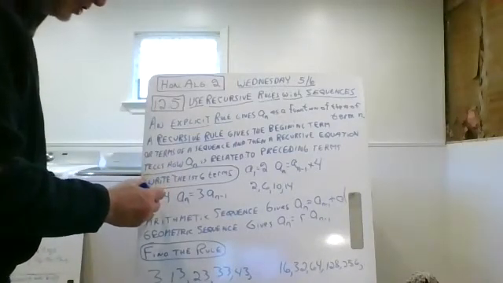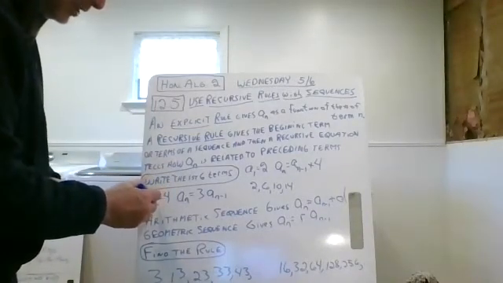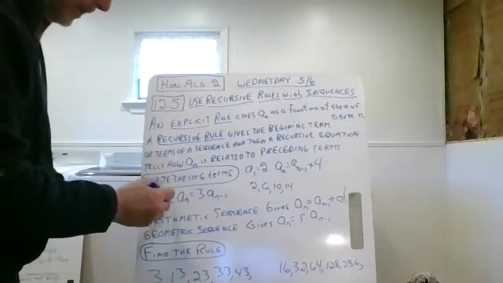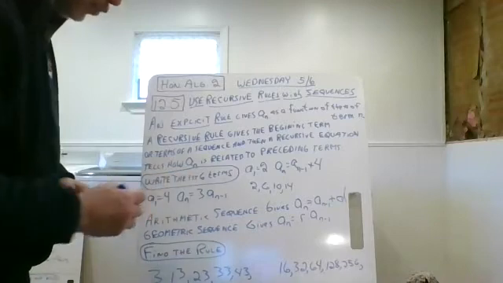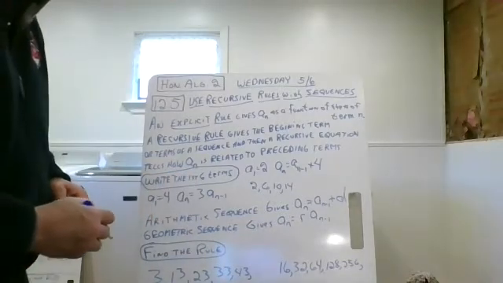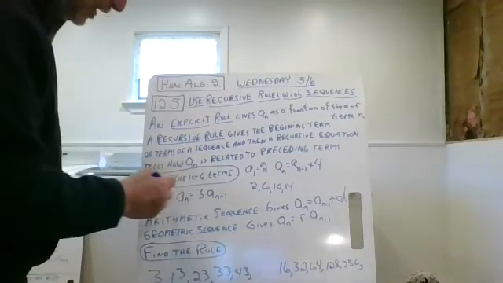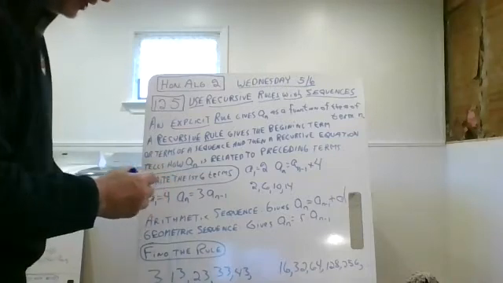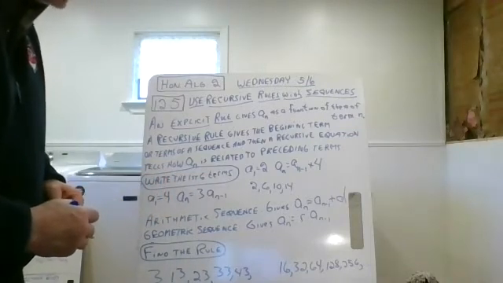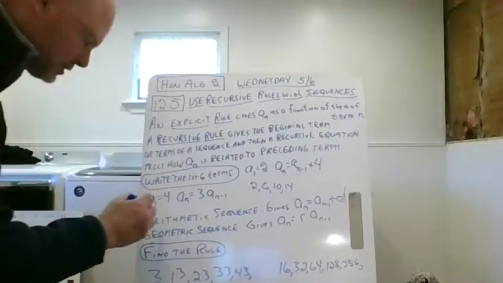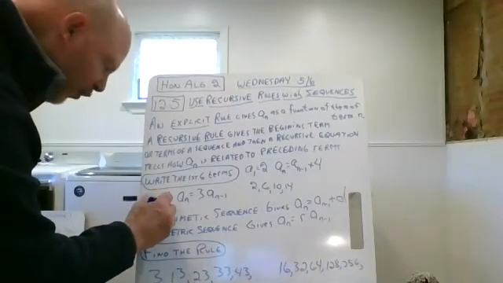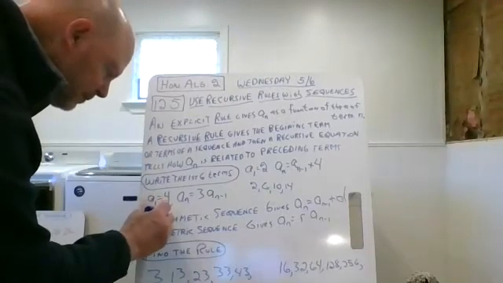Let's look at this sequence. A sub 1 is 4, and a sub n is 3 times a sub n minus 1. So I'm giving you the term generator, and you're going to generate the sequence. What's the first term of this sequence? It's 4, isn't it?